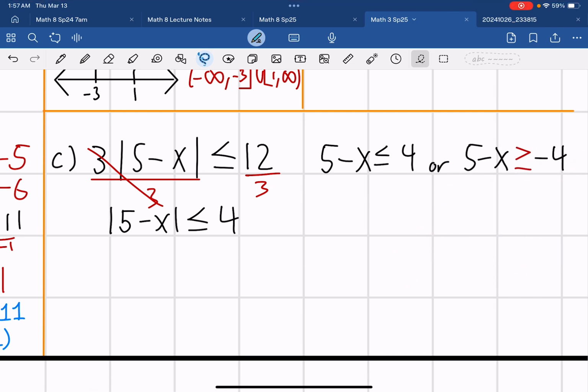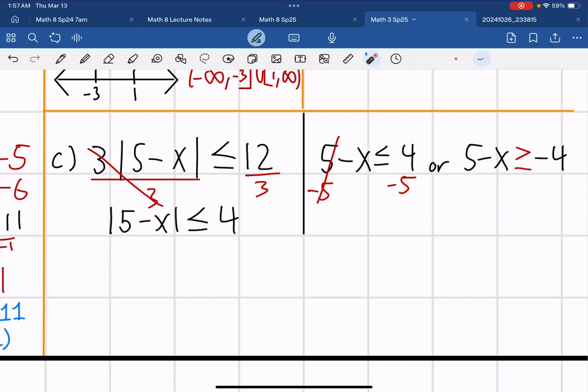So we'll start with this first one. I'll create a little space. So I'm going to subtract 5 on both sides. The 5's cancel. Normally, you don't really want to subtract here at the bottom, but I don't have the space.